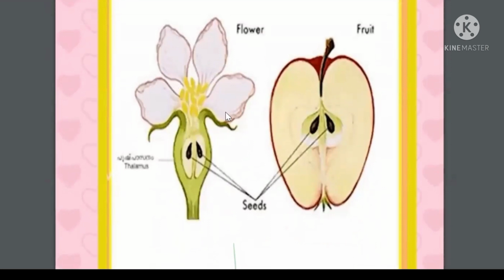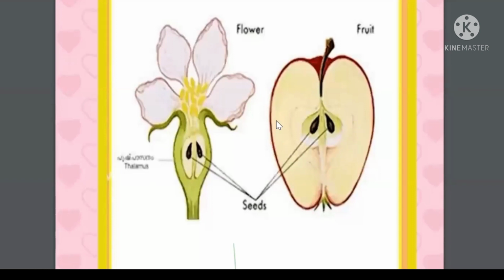And the portions we can see: come to this seed portion. It means the ovule becomes seed now. Here also we can see the seed. And the portion seen around that is thalamus. Okay.